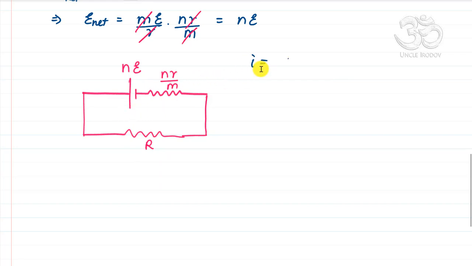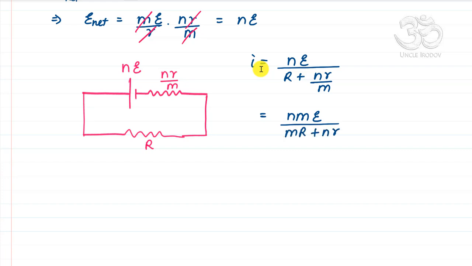I is equal to nE divided by R plus nr by m. Take LCM, and that will look like nmE by mR plus nr, and which is equal to NE, because small n into small m will give you big N. So NE by mR plus nr.